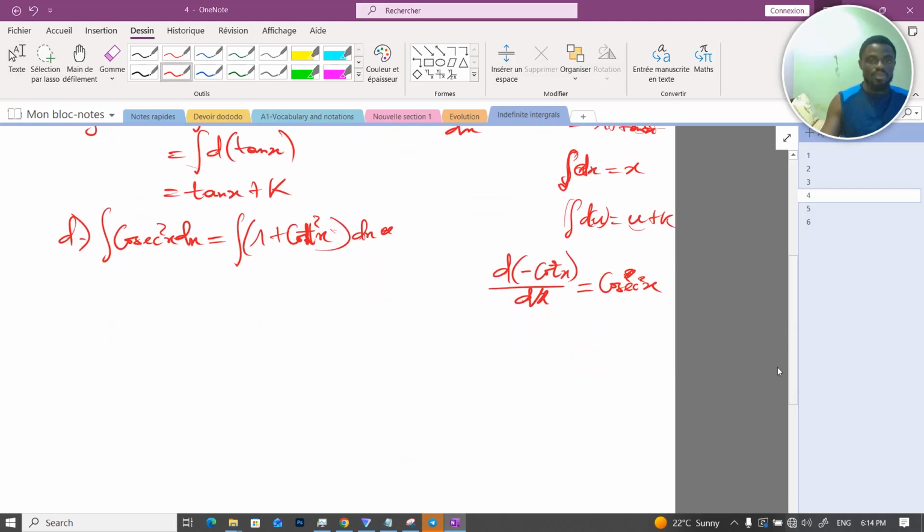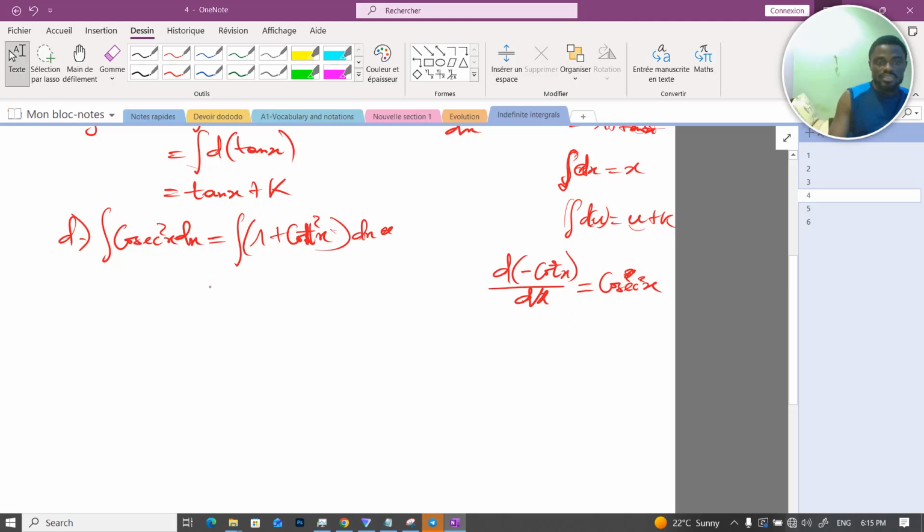You understand? Okay, this simply means that I can replace what? I can replace cosec square x dx by what? D of what? Minus cot x. So from here, if I make d of minus cot x the subject, it simply means that d of minus cot x will be equals to cosec square x dx.